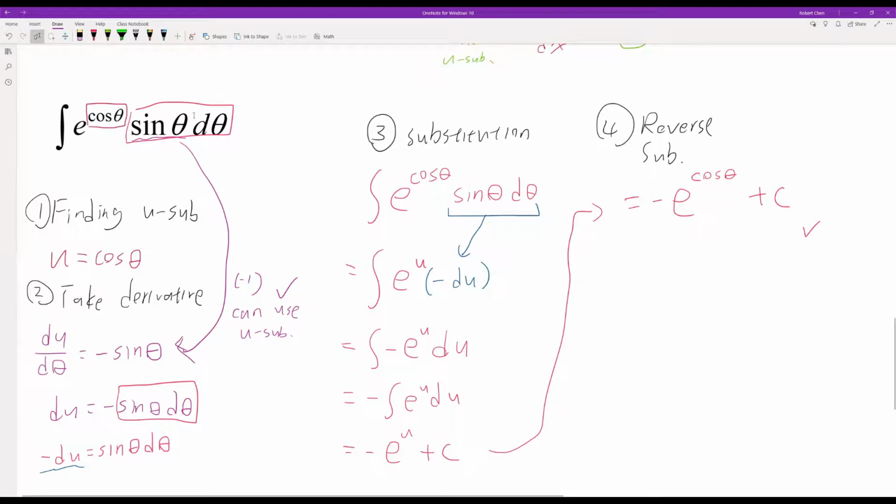So we're going to replace sine theta d theta with negative du, and then you will get this expression. Next, just go ahead and integrate it. After you're done integrating, you do a reverse sub, replacing all the u's in the expression with the original substitution. In this case, it's cosine. So your final answer will be negative e to the power of cosine theta plus c. Okay.